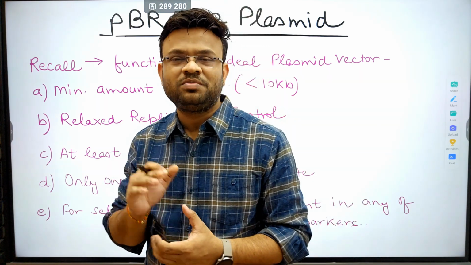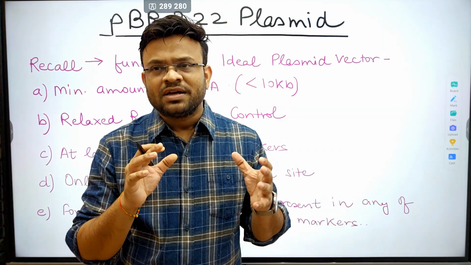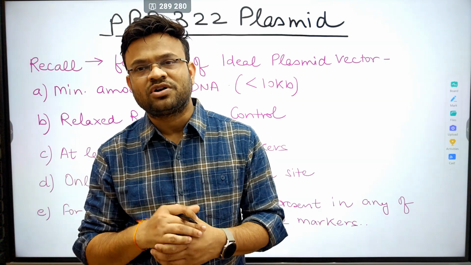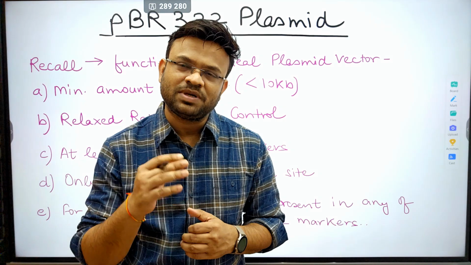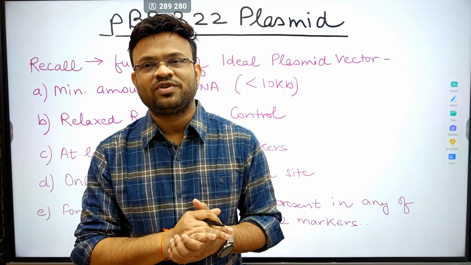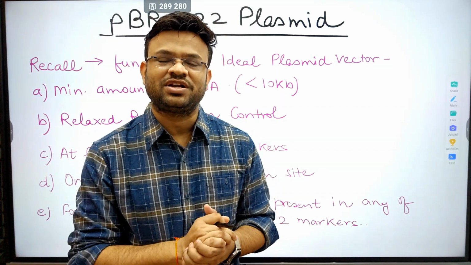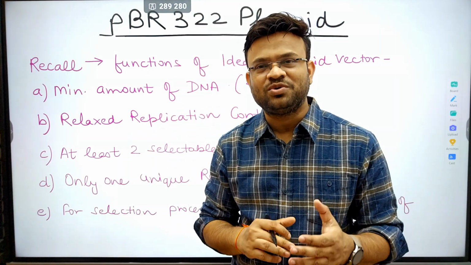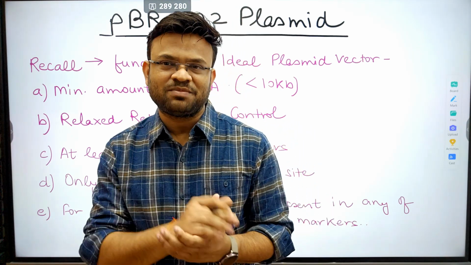After that, I would also be sharing some of the previous year questions that are commonly associated with pBR322. So without further ado, let us start how this pBR322 works and what is the concept behind this.